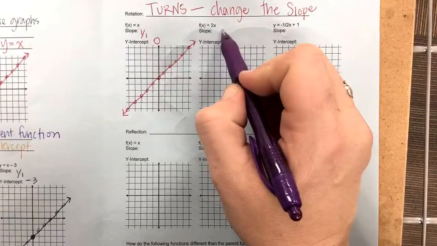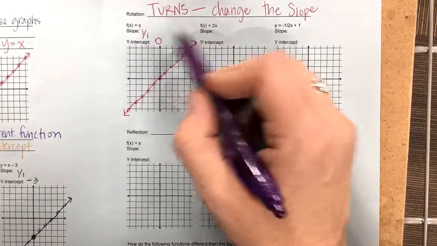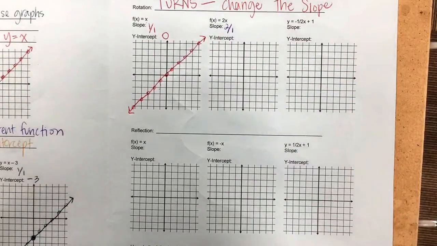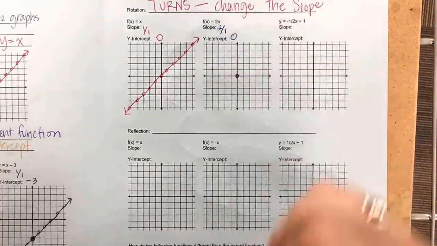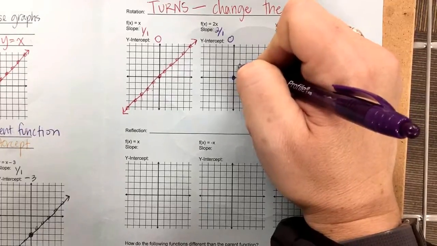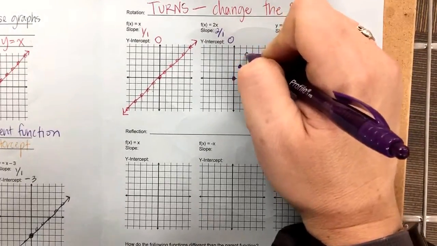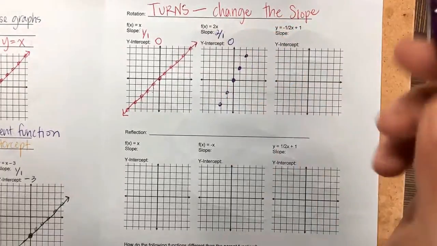I haven't changed my intercept, I just changed my slope. So now, instead of my slope being 1 over 1, now my slope is 2 over 1. And my intercept is 0. So I have 0. And I'm going to go up 2 and over 1, up 2 and over 1. I'm going to go down 2 and backward 1, down 2 and backward 1.